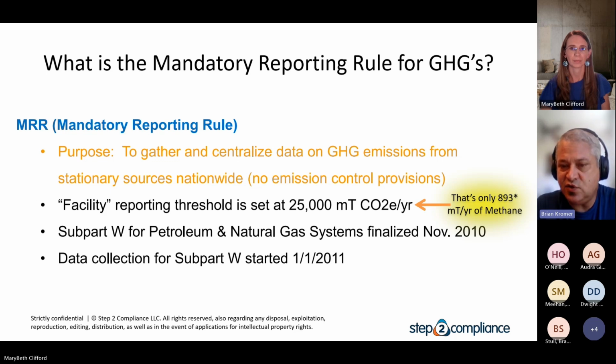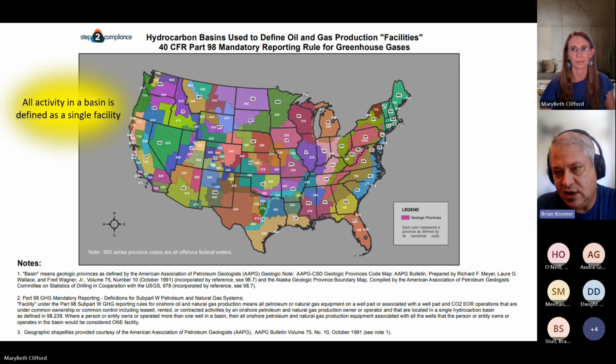At the 28 global warming potential that's proposed in these changes to Subpart W, that is only 893, rounded to the nearest digit, 893 metric tons of methane. So if you were marginal and exempt from Subpart W in the past, you need to revisit your evaluation, because they've changed, or intend to change, the global warming potential from 25 to 28. So we would take the 25,000 metric tons, divide it by 28, and we get 893.